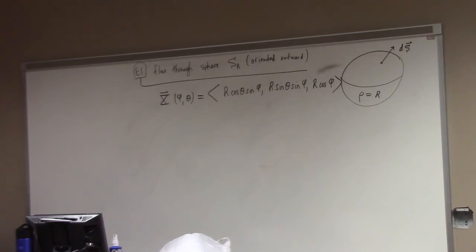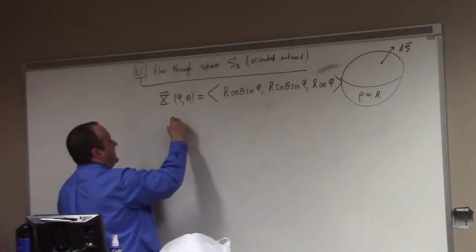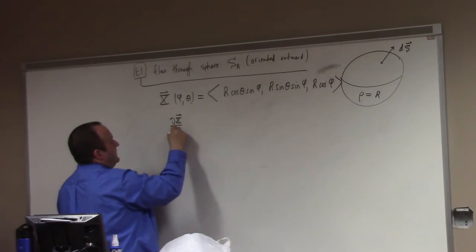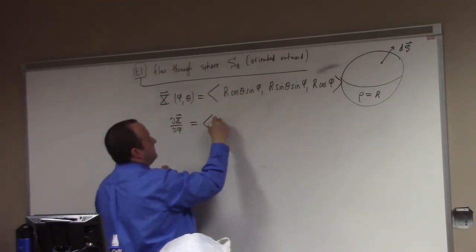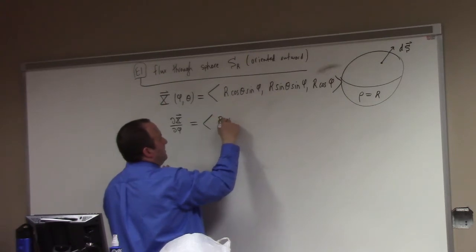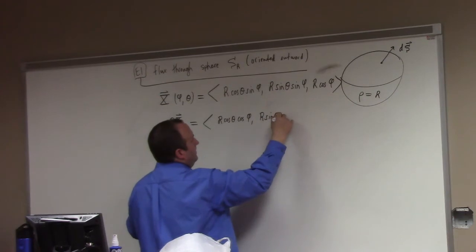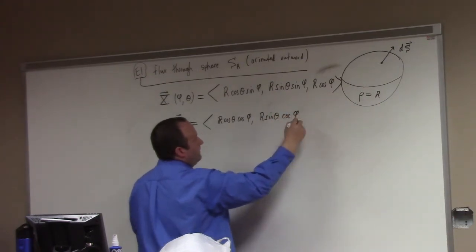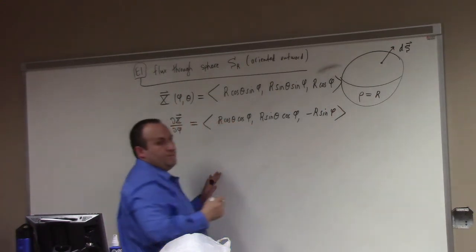Great. Now, what is the surface area element? How do we calculate it? We need to calculate partial derivatives here, right? So like, what's partial x, partial phi? There's one of them.